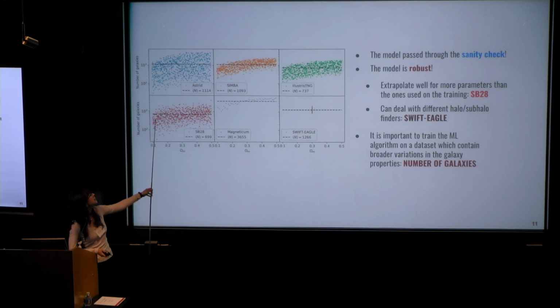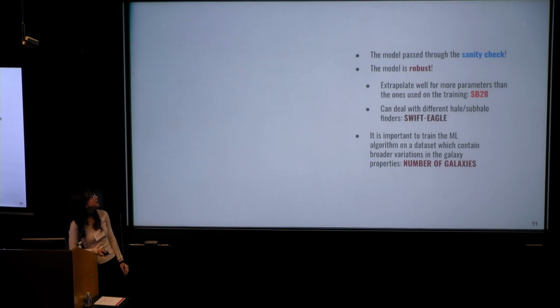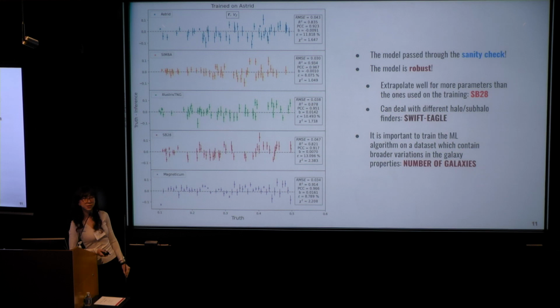Another thing is that Astrid contains variations in other galaxy properties, which is good from the machine learning point of view. And that's it. So we can go as crazy as possible to get good models. But this was the first part.